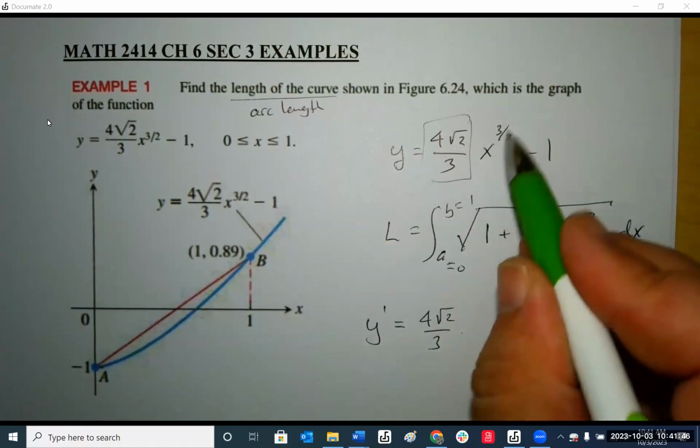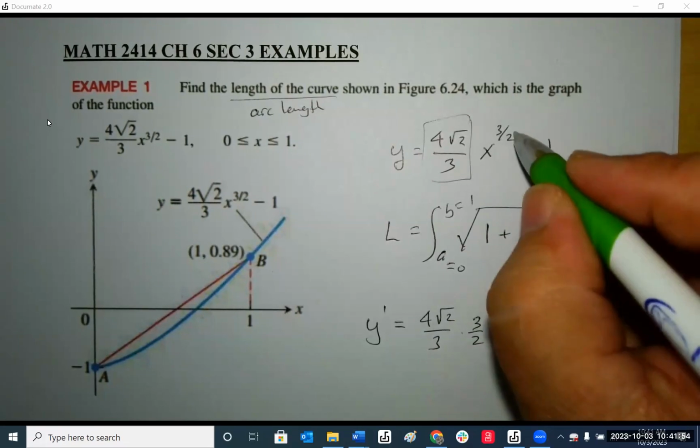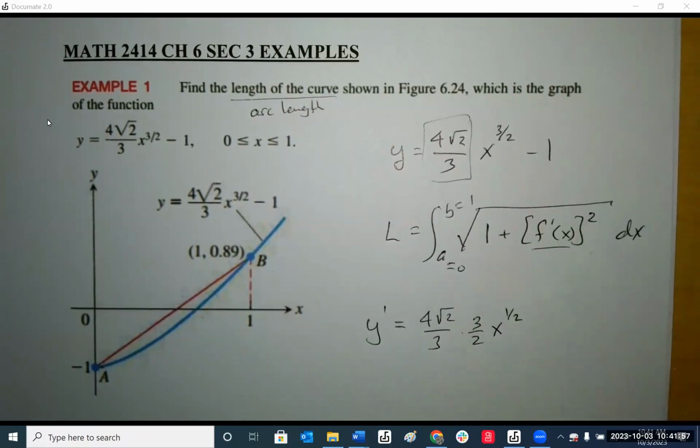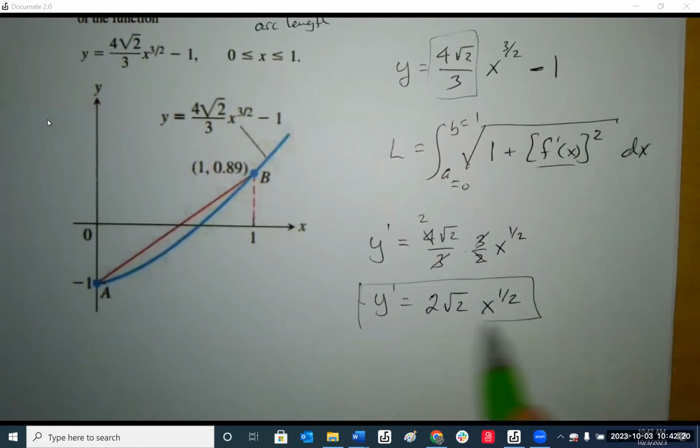The derivative of x to the power 3/2: the 3/2 comes down and you subtract 1. So 3/2 minus 2/2 is 1/2. The 3's cancel. The 2 cancels with the 4. So we have 2 radical 2 x to the power 1/2. So now we have the derivative.